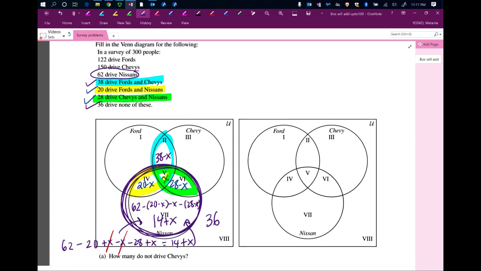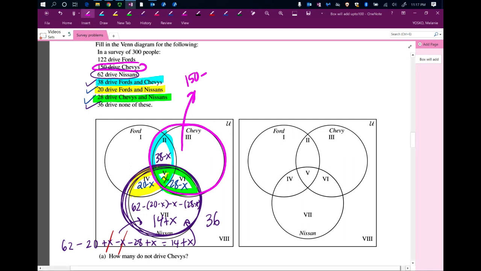Okay, then we're going to do the same thing with the other regions. The next piece says what? 150 drive Chevys. So here's the Chevy circle. That whole circle has to add up to 150. So that's 150 minus this, minus this, minus this would give us the number that's supposed to be in this region. So 150 minus parentheses 38 minus X minus 28 minus X. We're again going to distribute these negative signs.